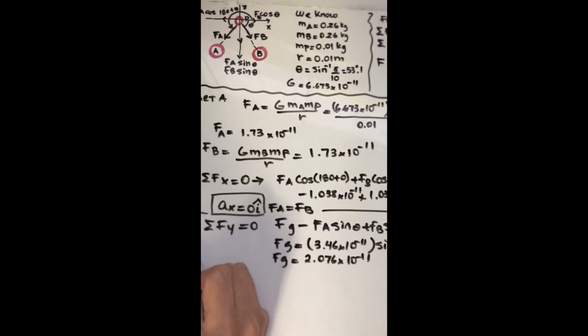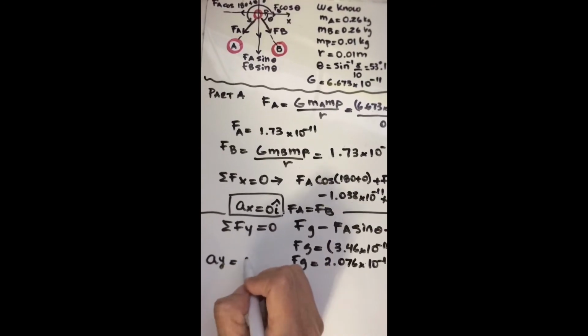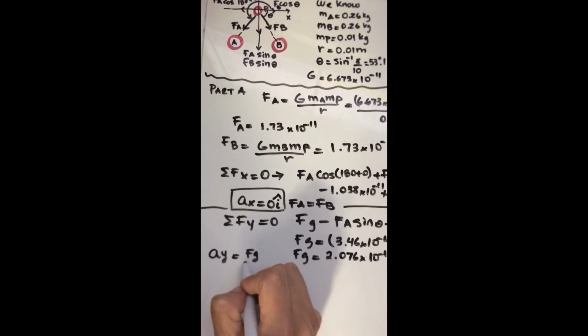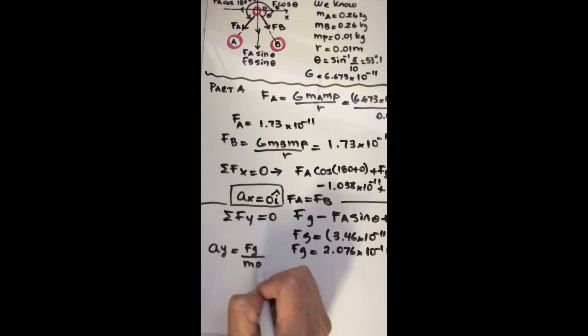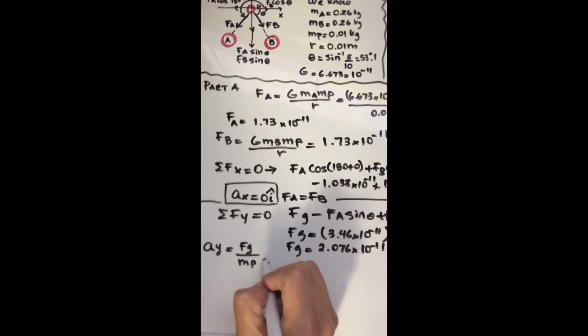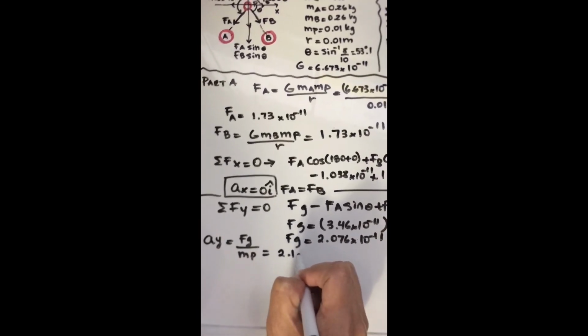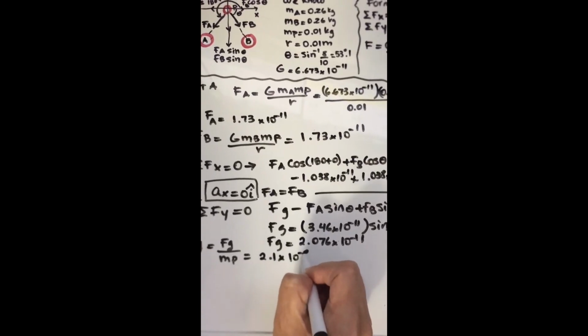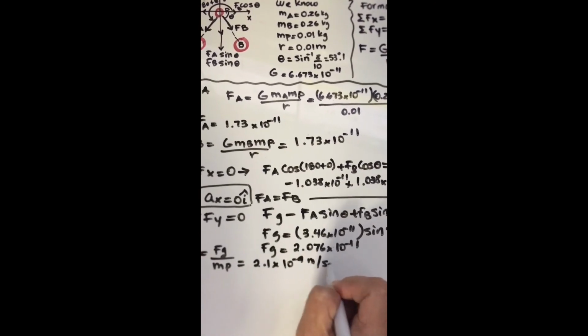And we know that the acceleration in y is going to be the force G times the mass of P over the mass of P, and this is equal to 2.1 times 10 to the negative 9 meters per second squared.